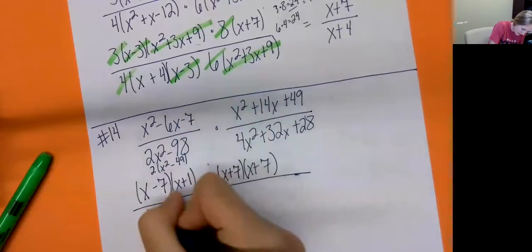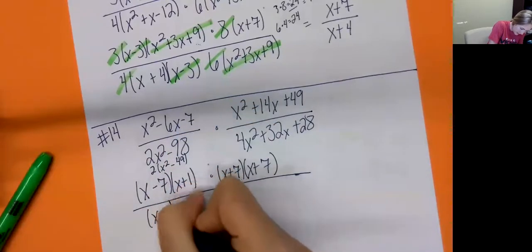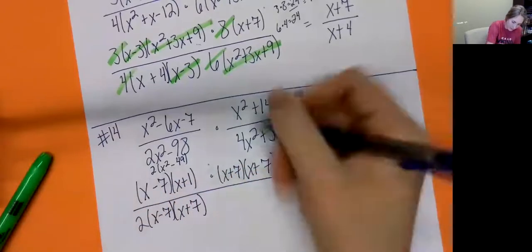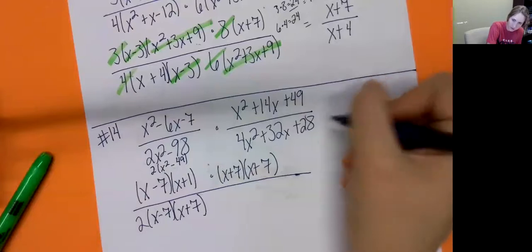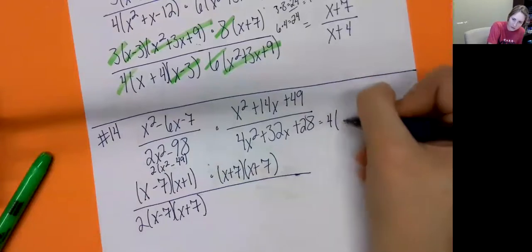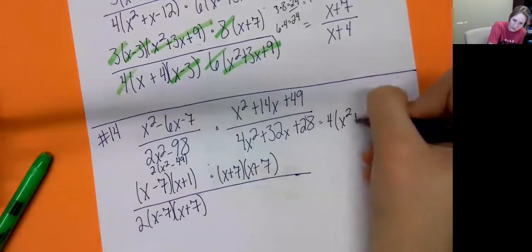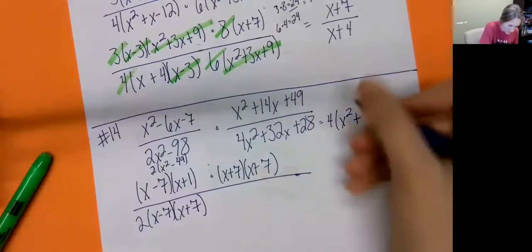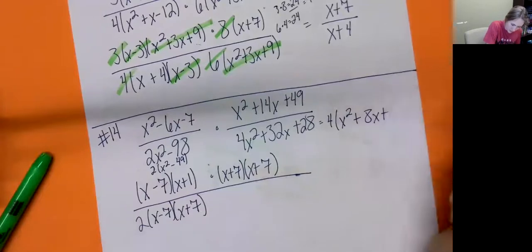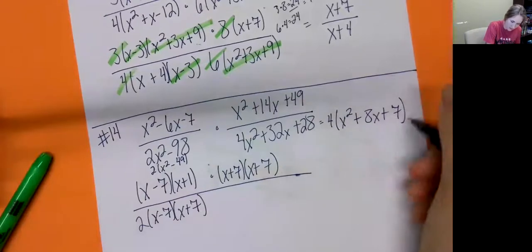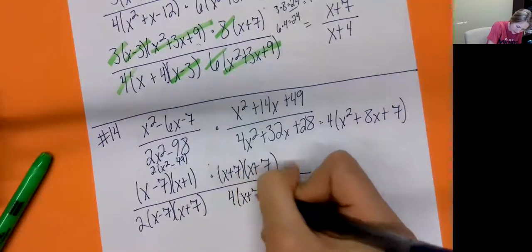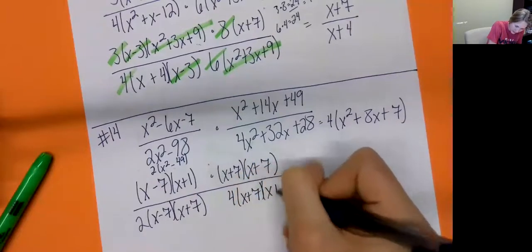So I'm going to have x subtract 7 and that 2 still here times x plus 7. All right, I'm going to factor out a 4 over here. So we'd have x squared plus 32 divided by 4 equals 8x plus 7. Factors of 7 that add to get 8 would be 7 and 1. So I'd have x plus 7 times x plus 1.